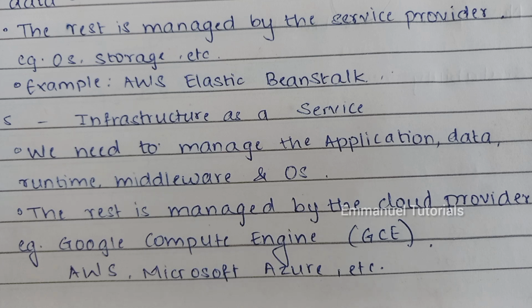This is generally used by network architects, where we get granular access into the operating system and can customize and manage anything according to our requirements. All of this can be done using the infrastructure as a service model. One common example is the Google Cloud Compute Engine. Apart from this, AWS and Microsoft Azure can all be considered infrastructure as a service.